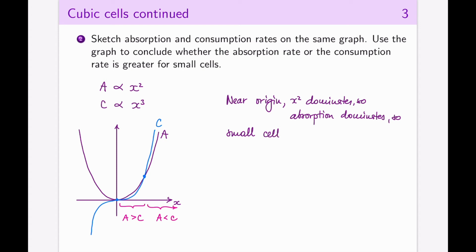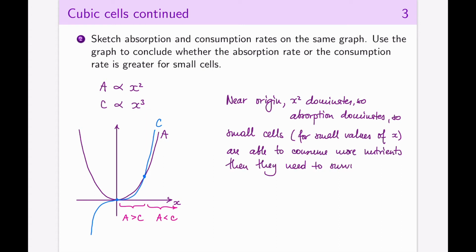Small cells, in particular for small values of x, because x characterizes the size of the cell in this case, are able to absorb more nutrients than they need to survive, and so they will live.